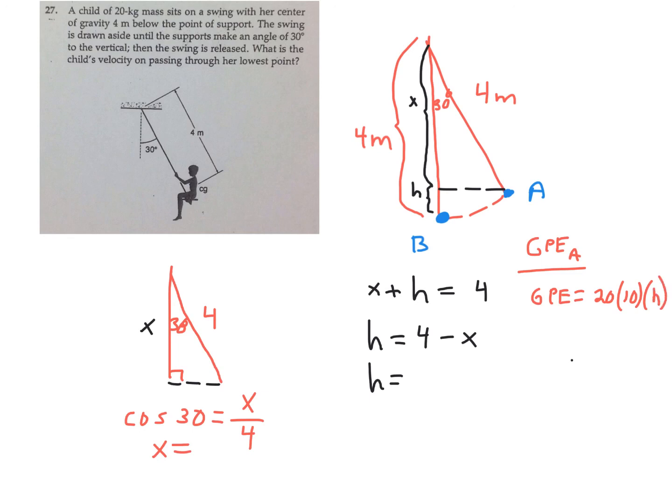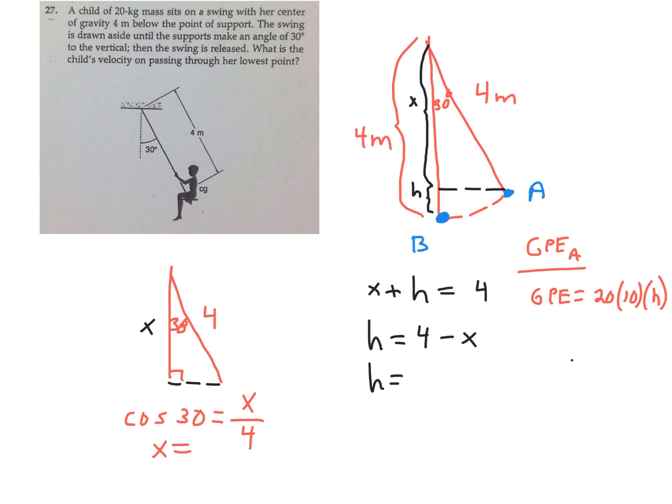So you'll know what H is, some number that's slightly less than 1 meter. I don't know, maybe it is 50 centimeters. I'm not sure what it is, but make sure you keep it in meters. So that'll give you the GPE at point A.